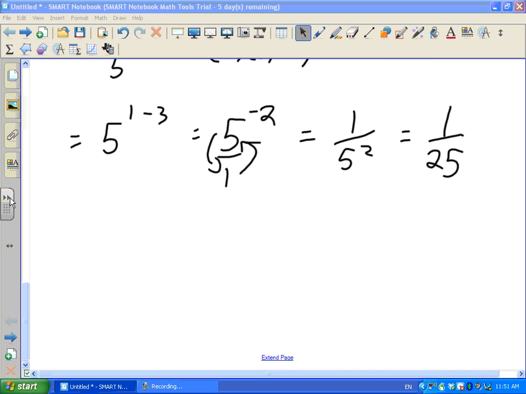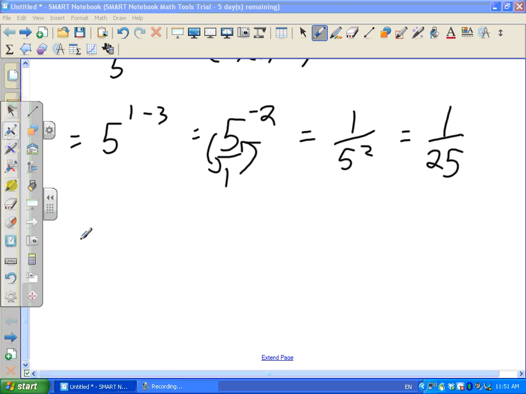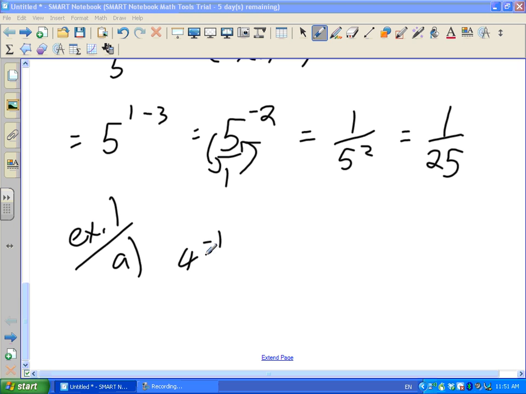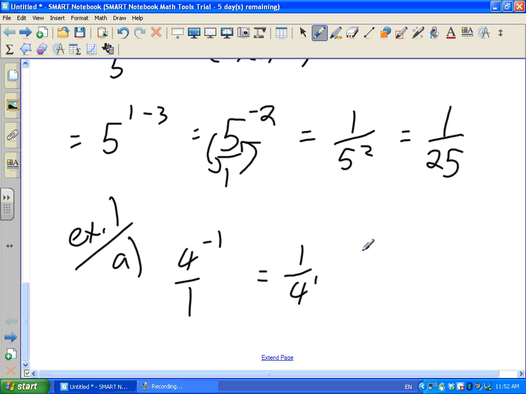Okay, we're going to go through example 1. We'll do it very quickly. It shouldn't take too long. 1a. 4 to the negative 1. What is 4 as a fraction? 4 over 1. I need to make this positive. What do I do? Flip the fraction, so it becomes 1 over 4 to the 1.